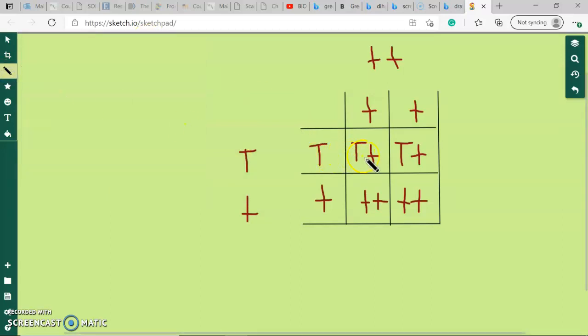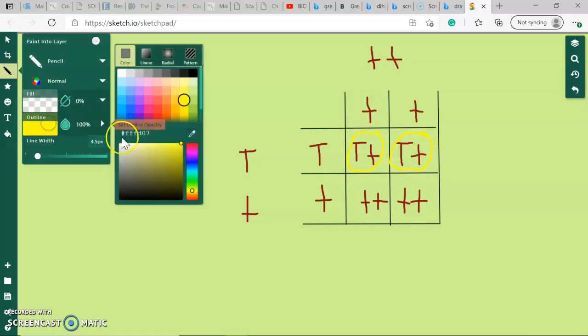Now we'll look at the genotypic ratio. So in the genotypic ratio, we're looking at the specific alleles that make up the cross. So we have one heterozygous tall plant, two heterozygous tall plants, and then we have, let's change the color again here, let's change it to, how about a blue?